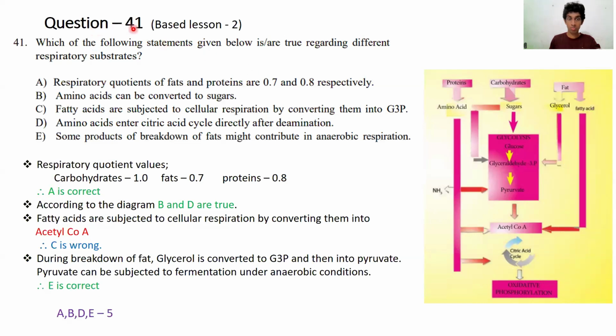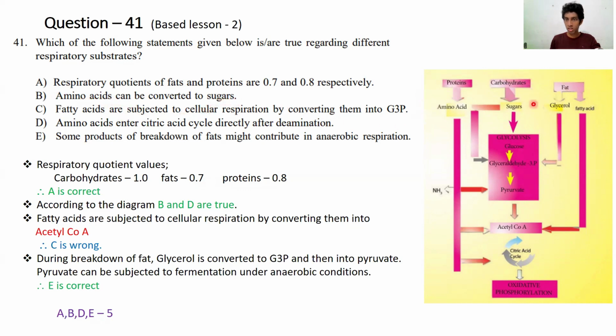Question number 41. It is based on the second lesson. Which of the following statements given below are true regarding different respiratory substrates? A. Respiratory quotients of fats and proteins are 0.7 and 0.8 respectively. So the respiratory quotient values are as follows. For carbohydrates, it's 1.0, for fats, it's 0.7, and for proteins, it's 0.8. Therefore, A is correct. B. Amino acids can be converted to sugars.